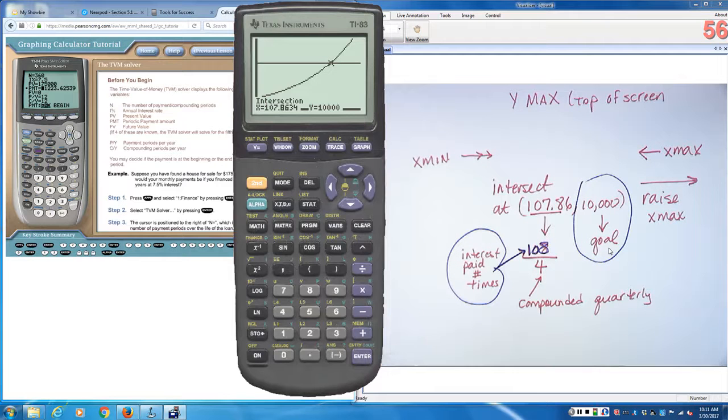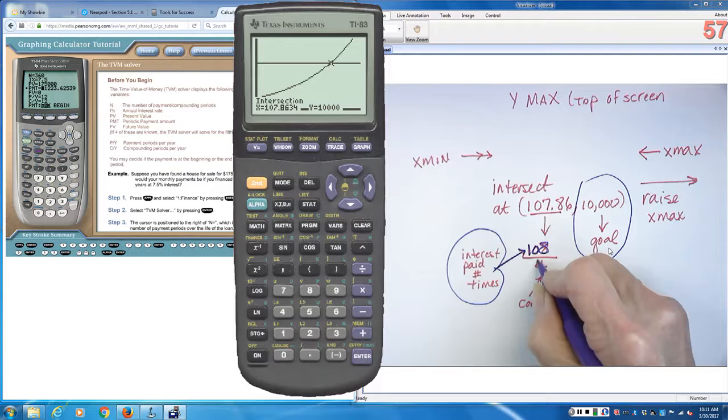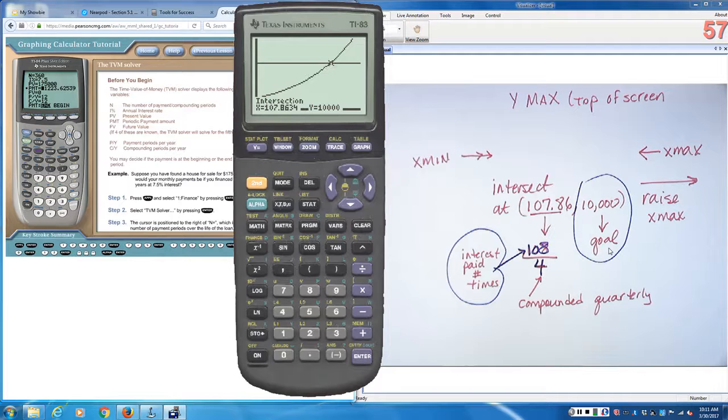But how many years? Well, you compound 4 times a year, so that's 108 payments divided by 4 to get how many years? So it'll take about 27 years.